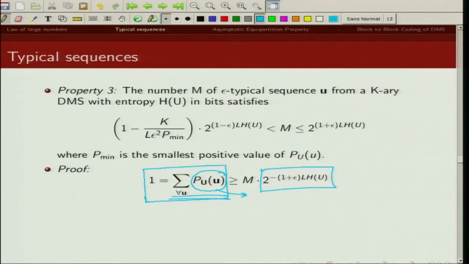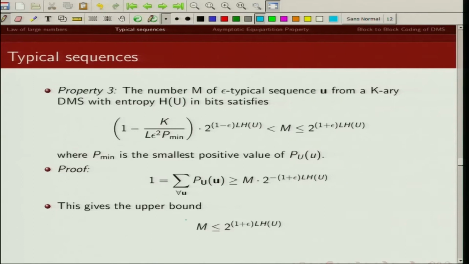Because I am replacing this by a lower bound on the probability of u for typical sequences, and the set of sequences has typical as well as non-typical sequences. So then I can write that M times this quantity is less than or equal to 1.